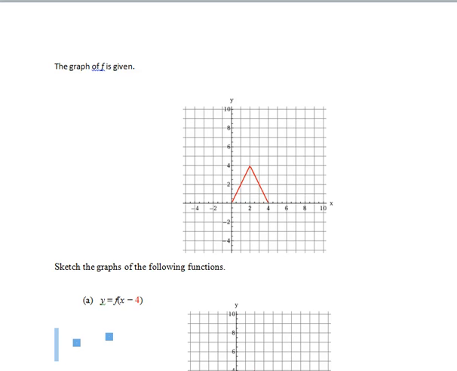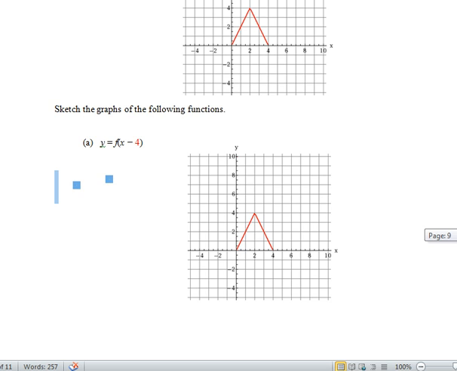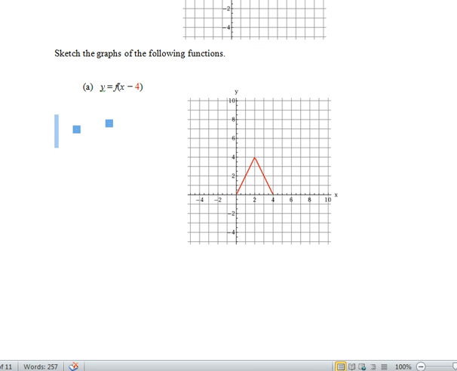Here we are given the graph of y equals f of x and asked to graph y equals f of x minus 4. In this case, we have y equals f of x going to y equals f of x minus 4.